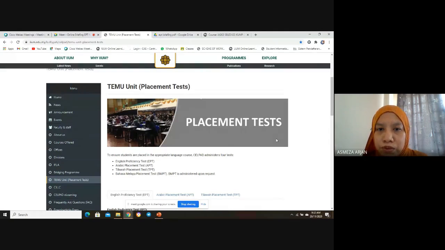Under Temu unit placement test, there are other tests as well: EPT, English placement test, APT, Arabic placement test, TPT, Tilawah placement test, and also Bahasa Melayu placement test. The Bahasa Melayu placement test is a special test only administered upon request. Sometimes a certain kuliah would require certain students to take it, so not all students will take Bahasa Melayu. But all students have to take these three. Let's move on.